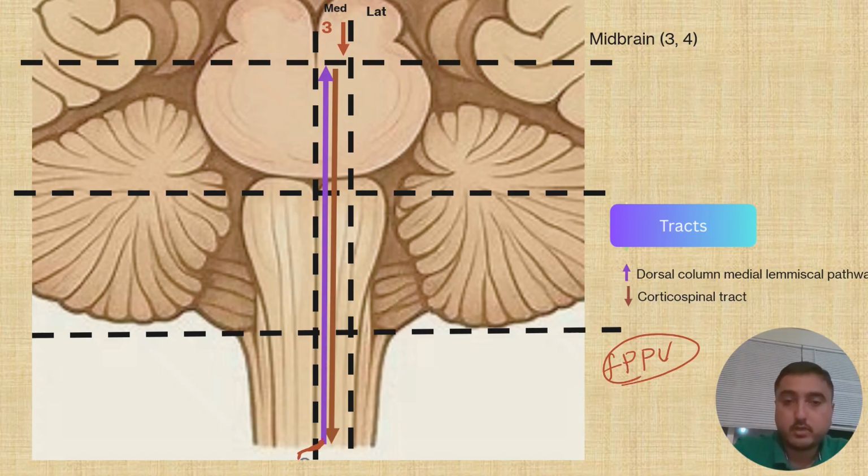And of the 2 descending tracts, one of them is this corticospinal tract, which decussates at the caudal medulla to reach the other side, and the other one is this red one, the corticobulbar tract, which is basically the upper motor neuron of the different motor cranial nerves.